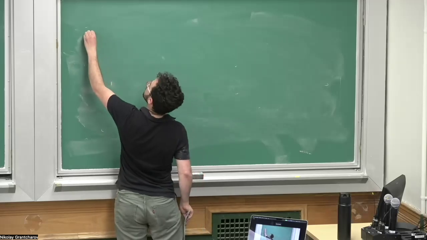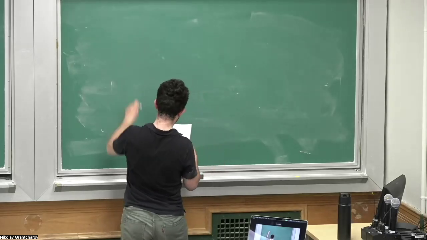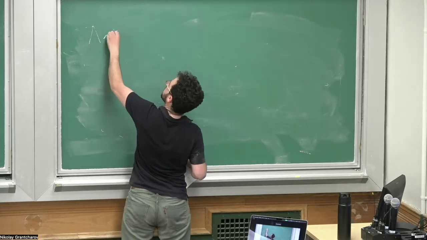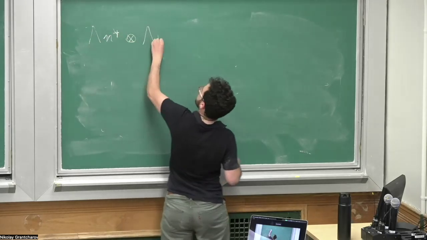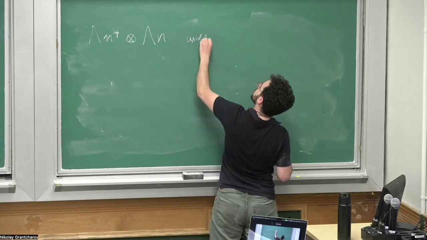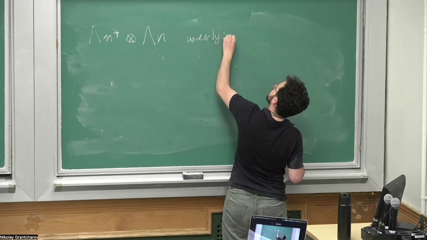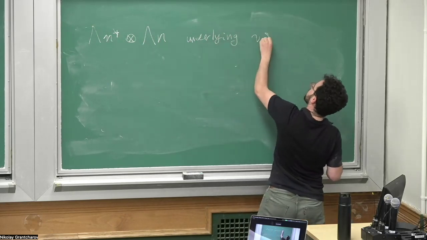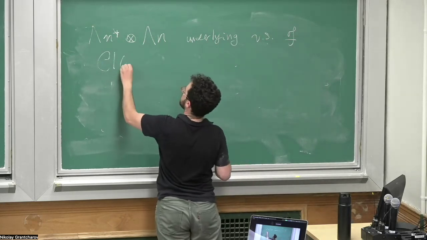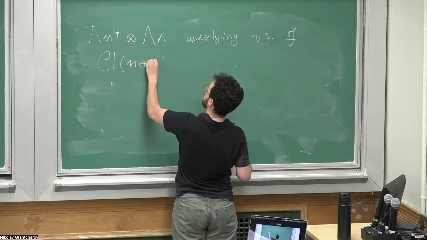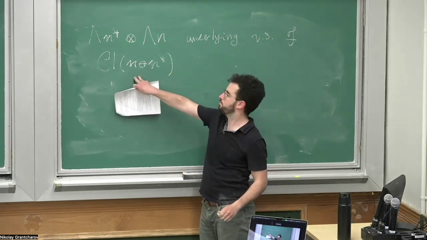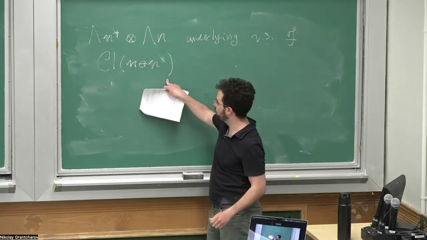That is the underlying vector space of the Clifford algebra associated to n plus n dual with the pairing, which is the usual pairing between a vector space and its dual.